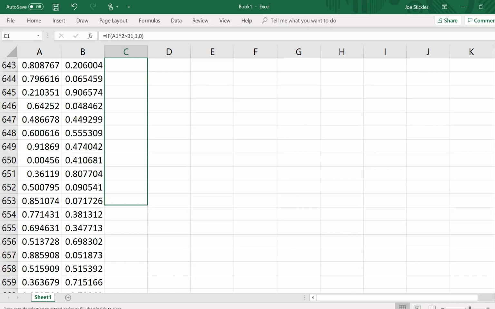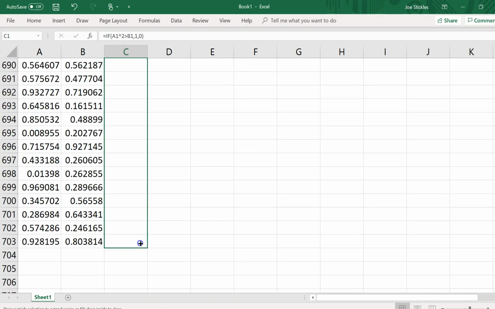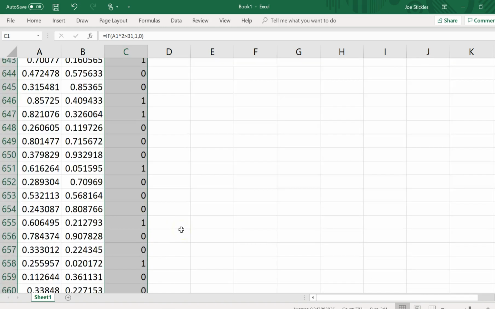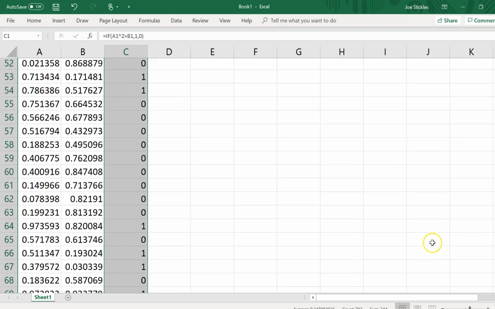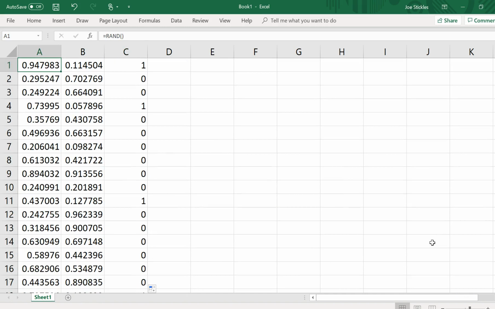So I'm going to copy this down. We've got 703 points here. That's good. I need to remember that. Let me go back up home. Okay. So we're going to count how many of those things in C1 to C703 are 1.